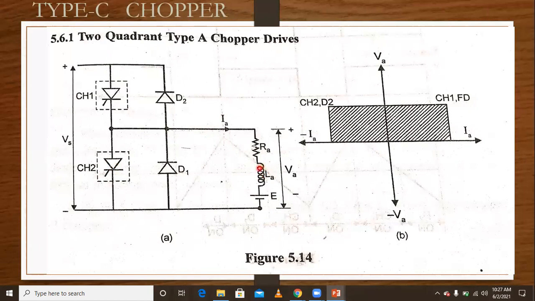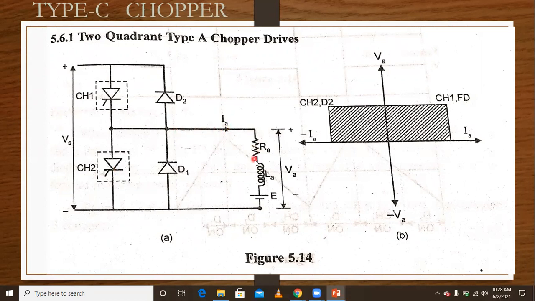In forward braking mode, chopper CH2 is triggered. If the armature current is in this direction only, chopper CH2 cannot be triggered. But if the armature current is forward biased like this, then only it is possible to give the triggering pulse. That means the armature current is in the opposite direction.